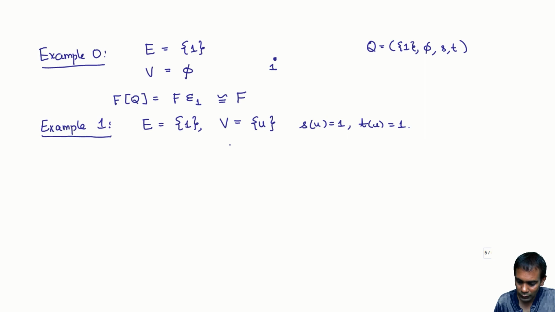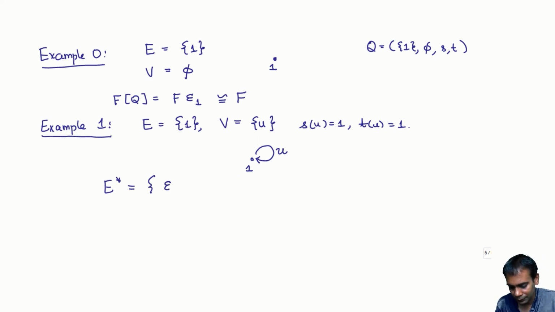If you want to draw this quiver, you have this one node 1, and U is one arrow going from 1 to 1. Then E star consists of all the paths that start and end at 1.